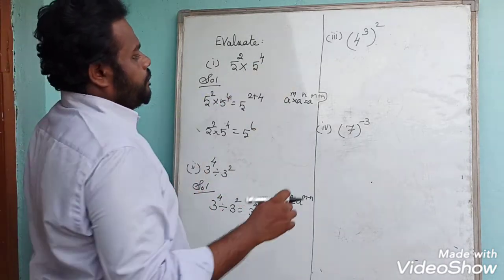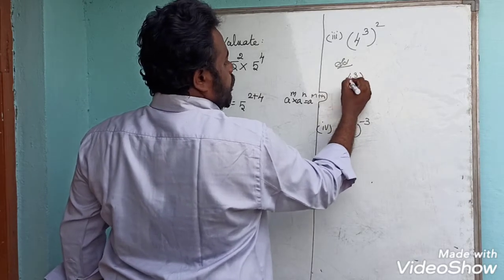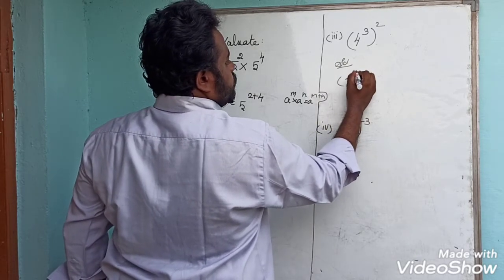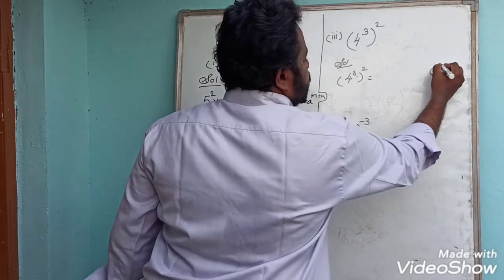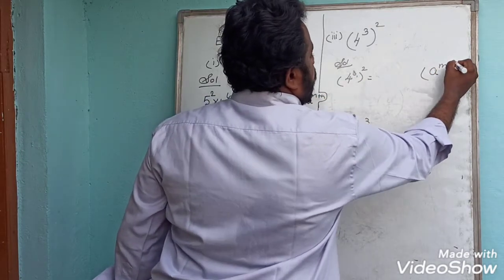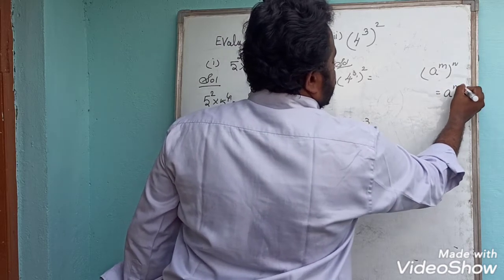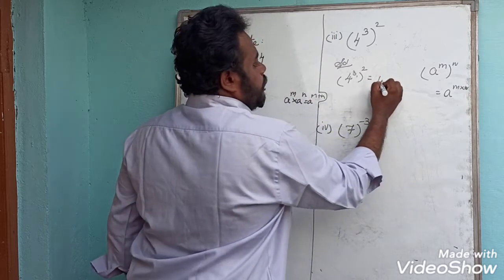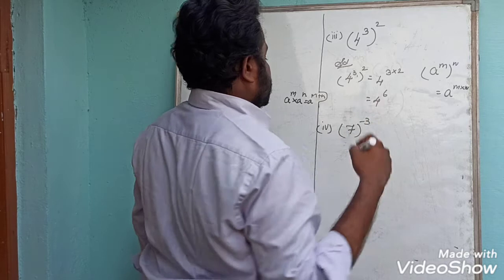Now 4 power 3 whole to the power 2. This indicates the law of exponents, a to the power m whole power n. Here we have to multiply the powers, m into n. So 4 power 3 into 2, and the answer is 4 power 6.